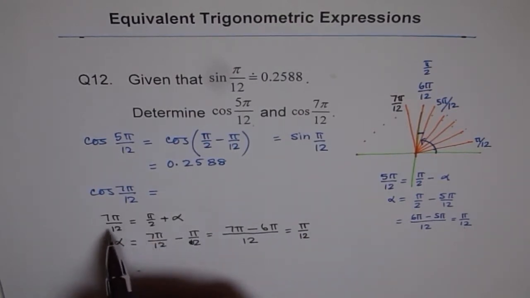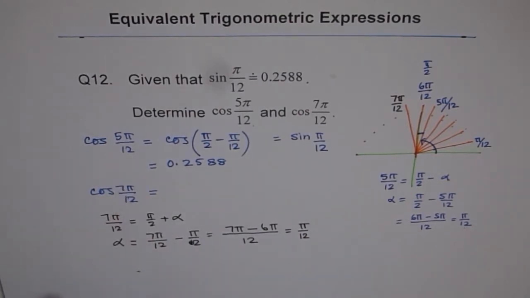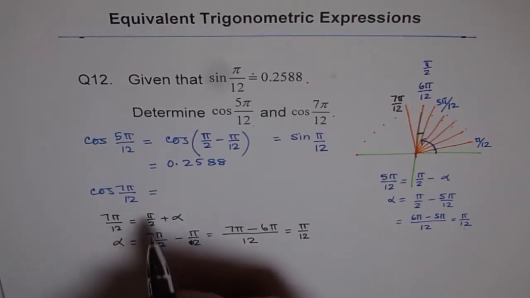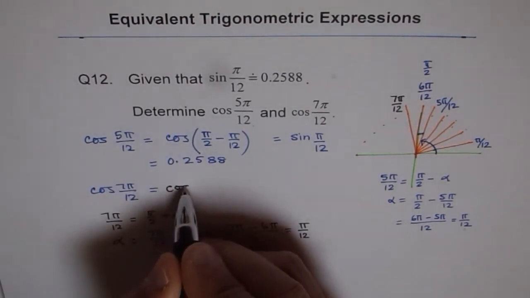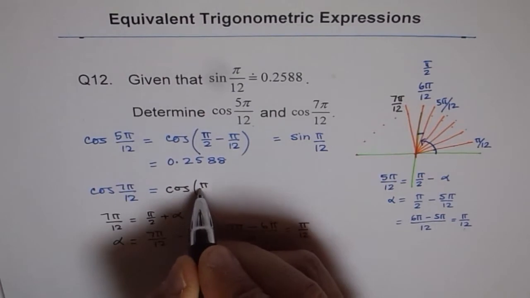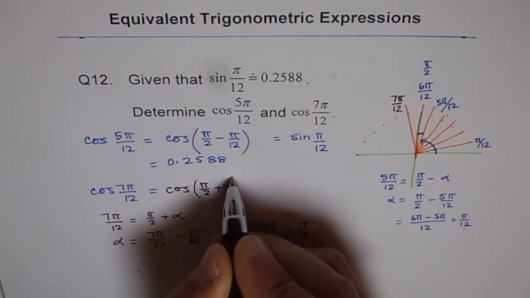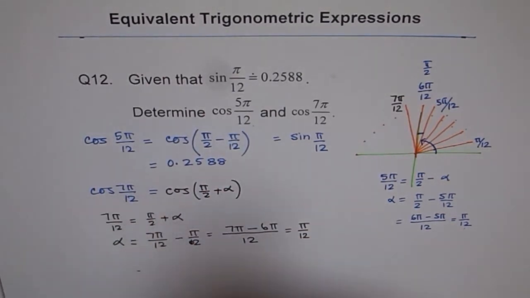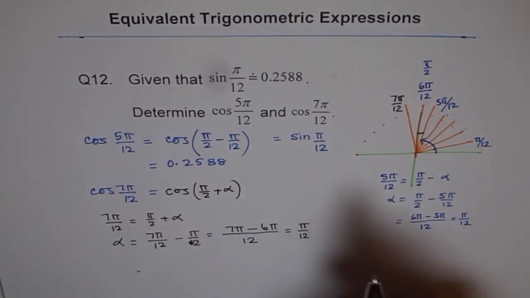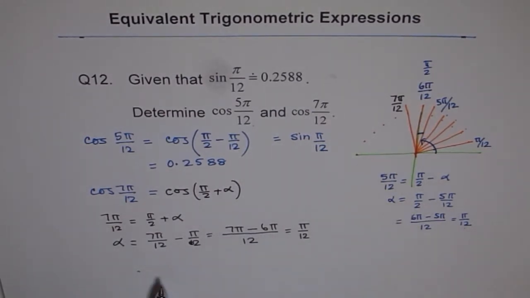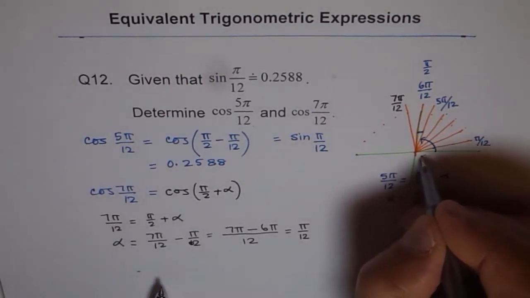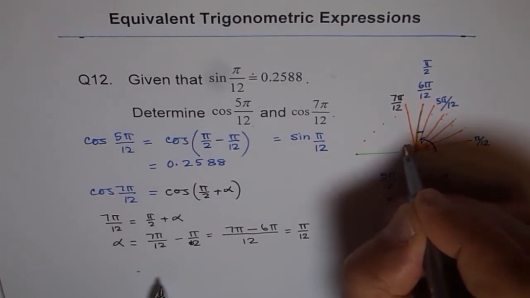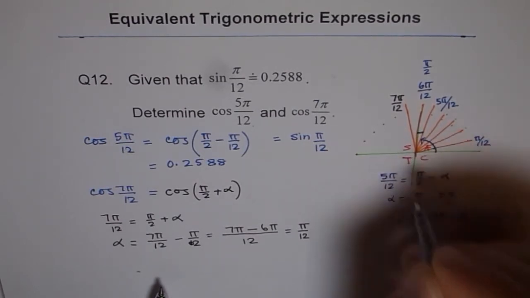Therefore, I could write 7 pi by 12 as pi by 2 plus alpha. So we get cos of pi by 2 plus alpha. Now cos is in the second quadrant. Two things are very important: one, the angle we have to figure out, and second, the quadrant.